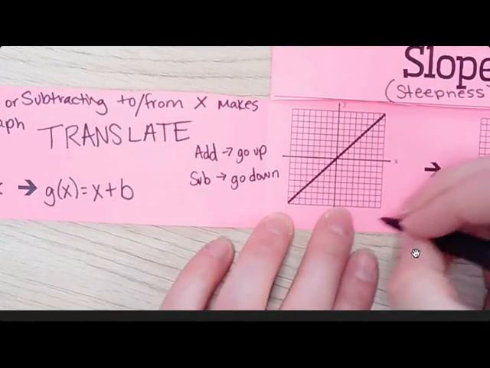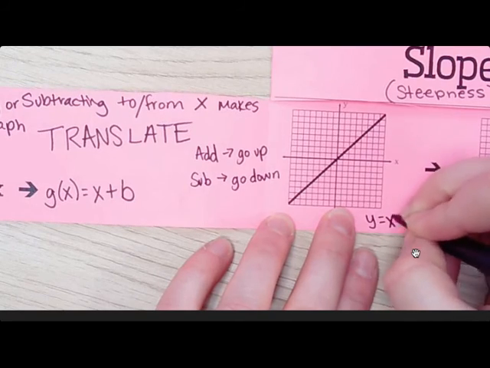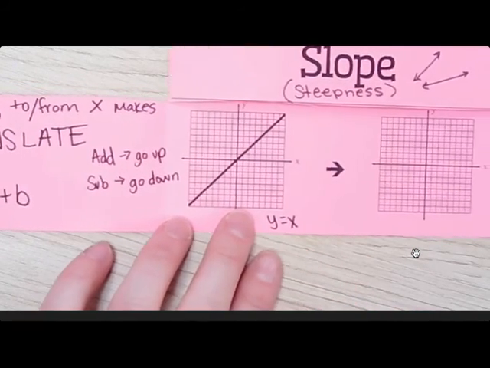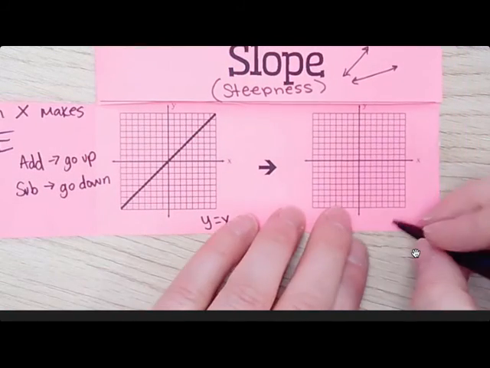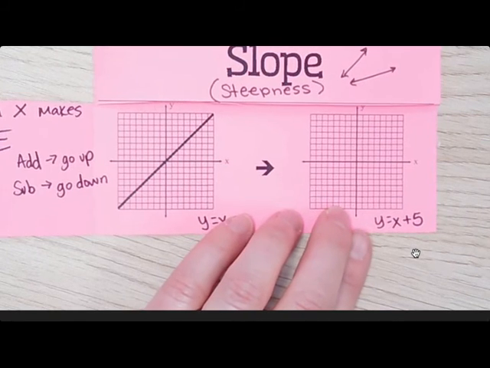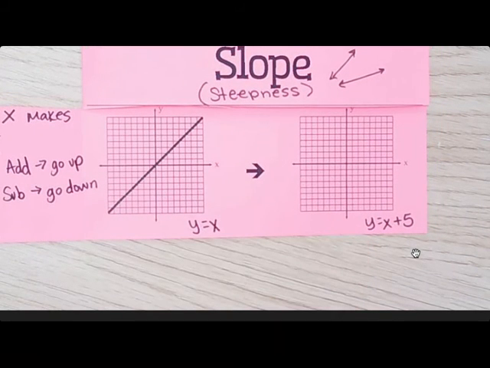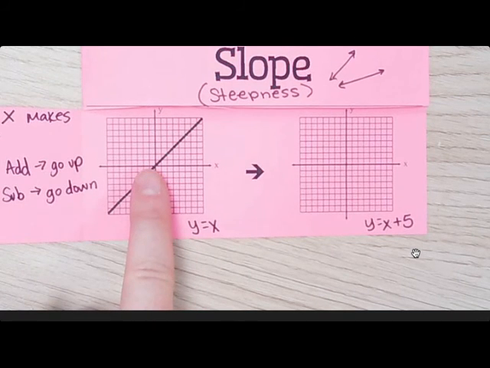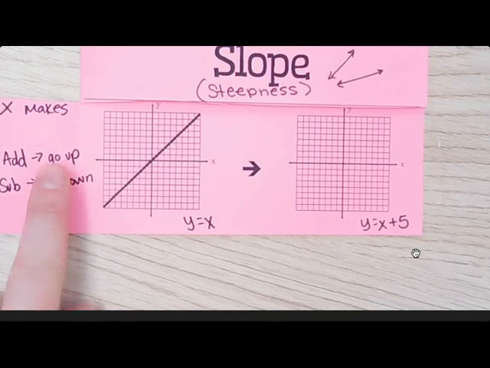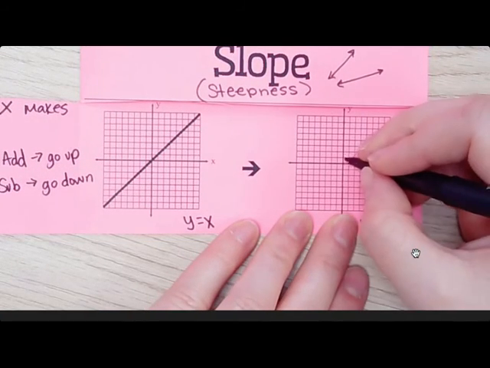So this is our linear parent function y equals x. Let's say our equation is y equals x plus 5. So we did this equation, but plus 5. That means we're going to go up by 5 units, so our y-intercept is 5.